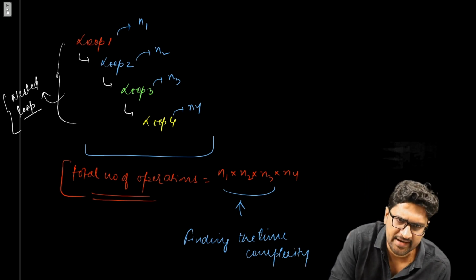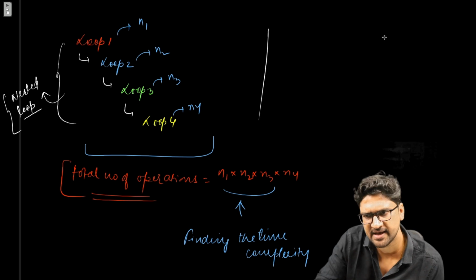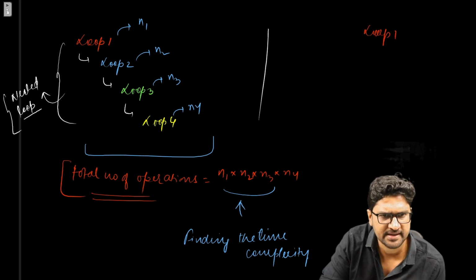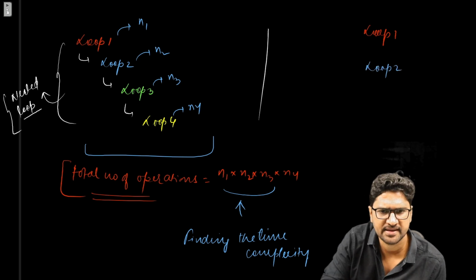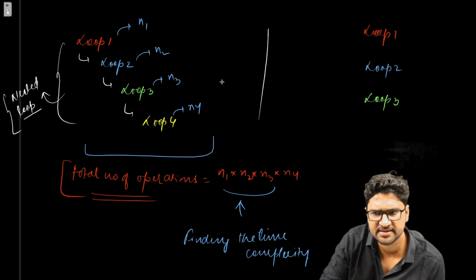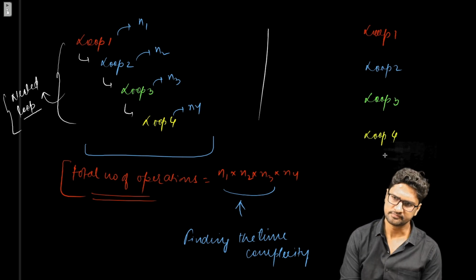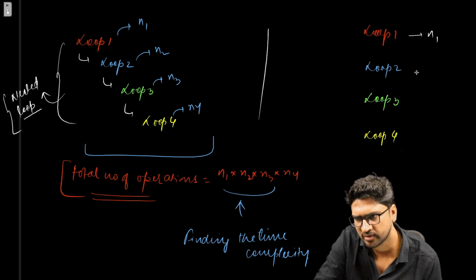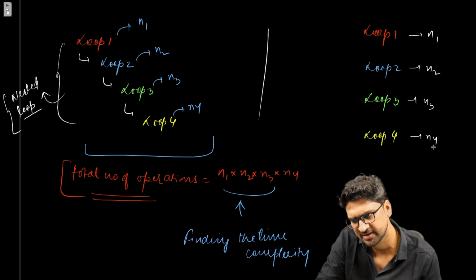On the other hand, if that is not the case, let's say that I have loop 1, and then below this I have loop 2, and then loop 3, and then loop 4, and let's say that this runs for n1 time, this runs for n2 time, this runs for n3 time, and this runs for n4 times.